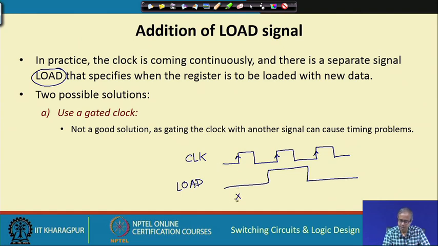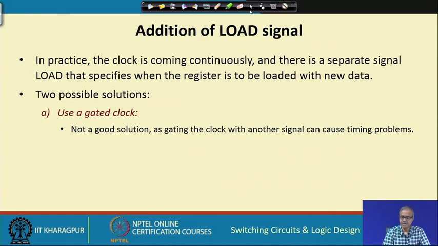So, there will be no loading. When the second clock edge comes, load is high. So, there will be loading, and when the third clock edge comes, again load is 0, there will be no loading. So, I can selectively specify when I have to load by suitably applying the load signal, but you remember the load has to be made high a little before the clock edge comes, because if you make them high together, then it may not accept the high level of load. Okay. All right.